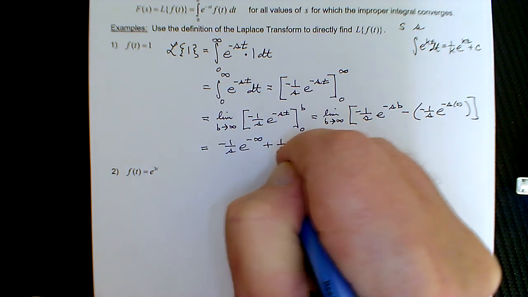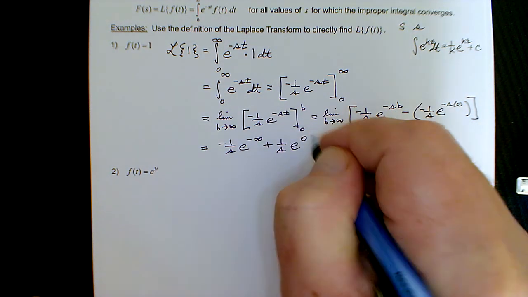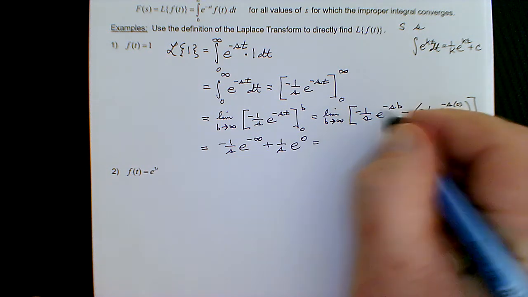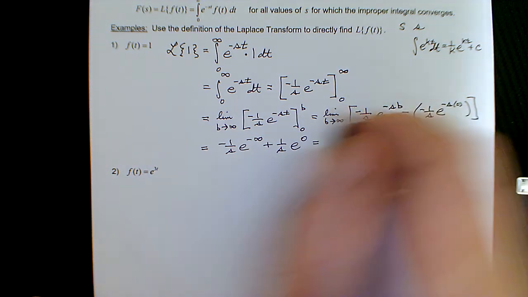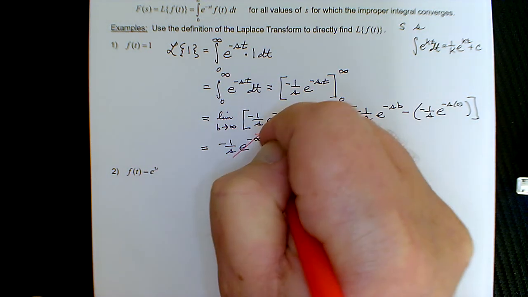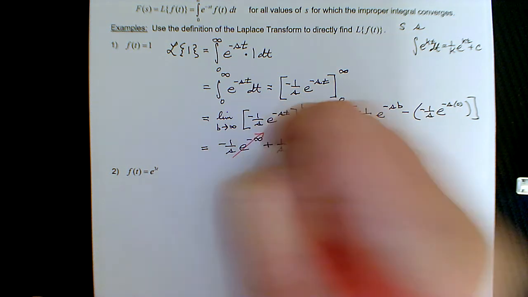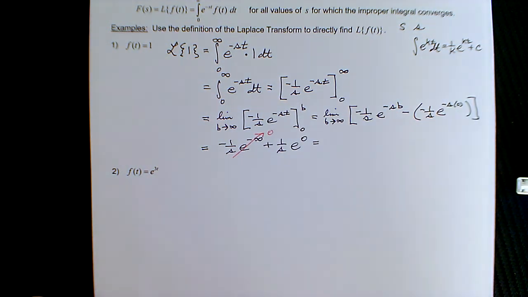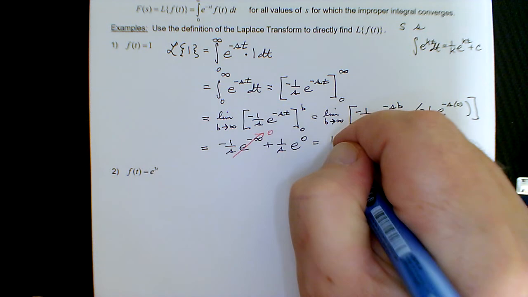And this gives us plus 1 over s e to the 0. We're assuming that s is greater than 0 to cause this exponent to always be negative, so that e to the negative infinity tends towards 0. And then we just get 1 over s times 1.